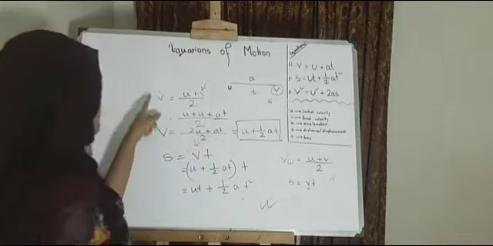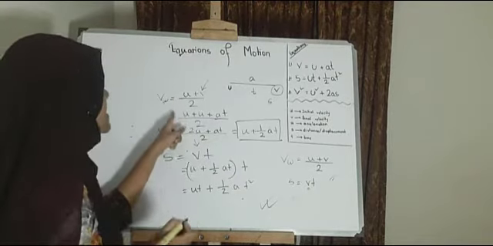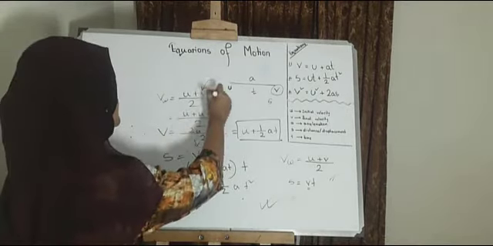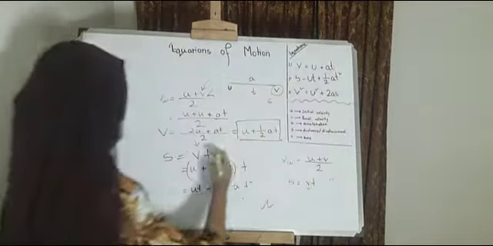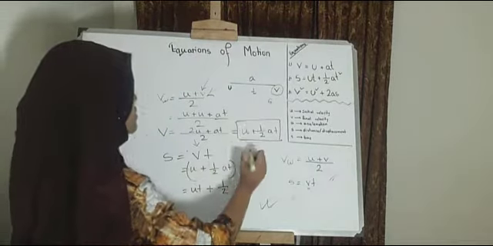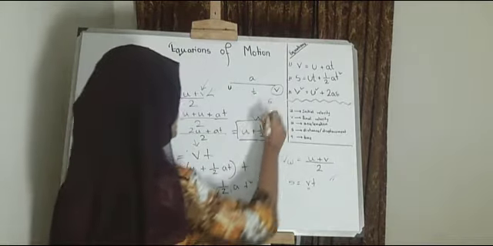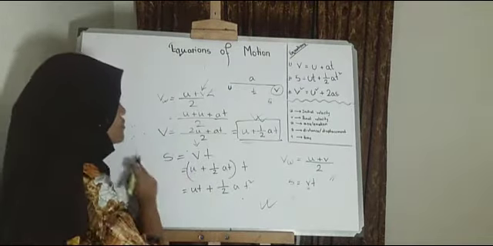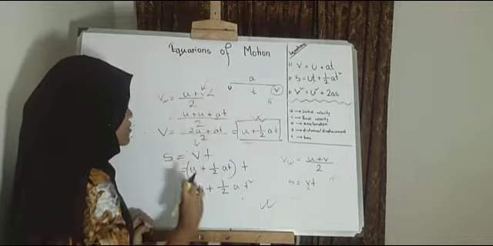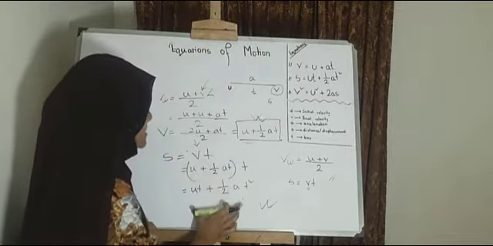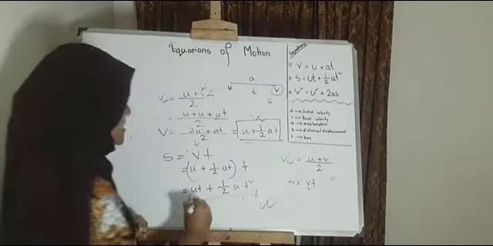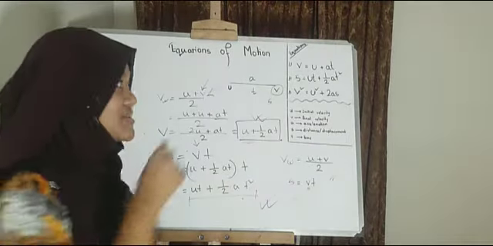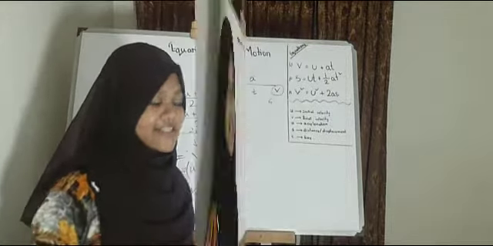From this average velocity, we put in the velocity formula from equation number 1, and we get u plus half at, and u plus half at is equal to v, where this value is put up here, and we get the result ut plus half at squared is equal to s. So equation number 2 is done.